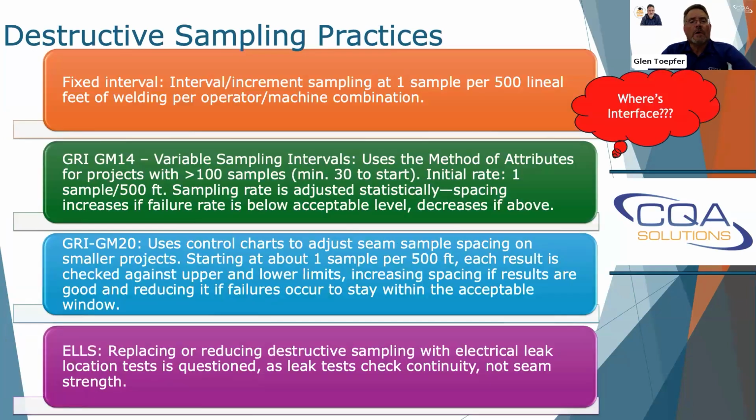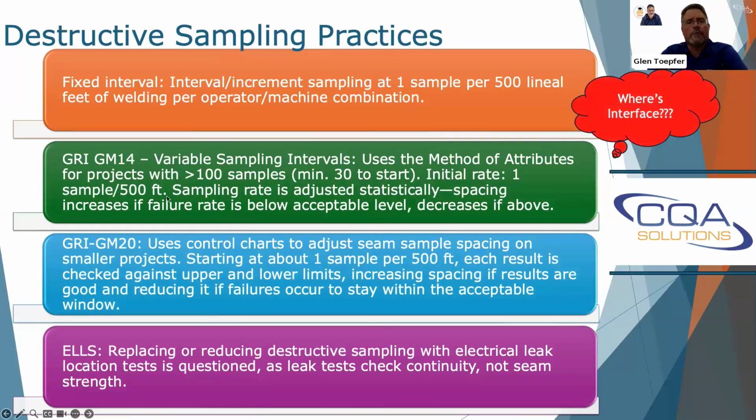And so, like I mentioned, you have your fixed interval, 1 per 500. Then GRI GM14 uses variables, and it basically is meant for projects that are over 100 samples, a minimum of 30 to start. And basically, with both of these practices, you increase the spacing between your destructive samples based on good welding results. So you can jump up from 500 to 750 to 1,000.